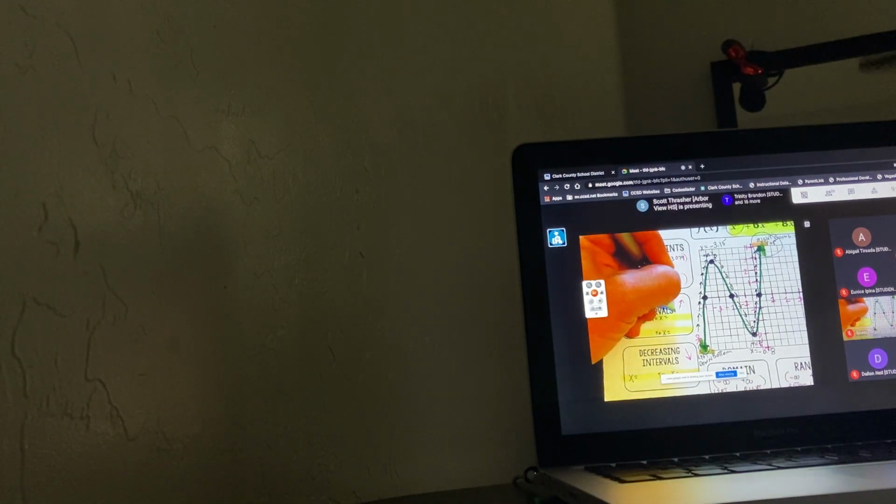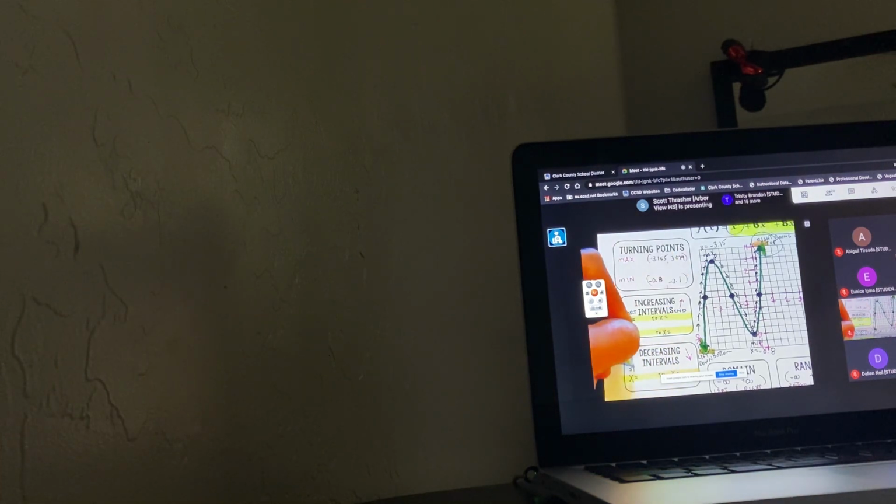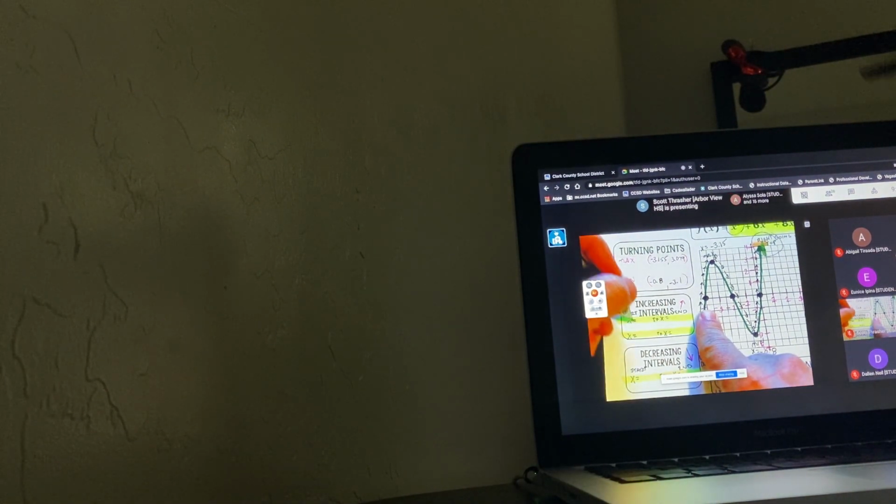So his starting x value is going to be a negative number. And remember, that's what you're going to list. You're going to list from where this starts to where this ends. The first number is going to be where the interval starts on the left and where it ends on the right. So where is he starting? He's starting on the left. The numbers on the left are negative. But what number is that? I don't know because it's an arrow.